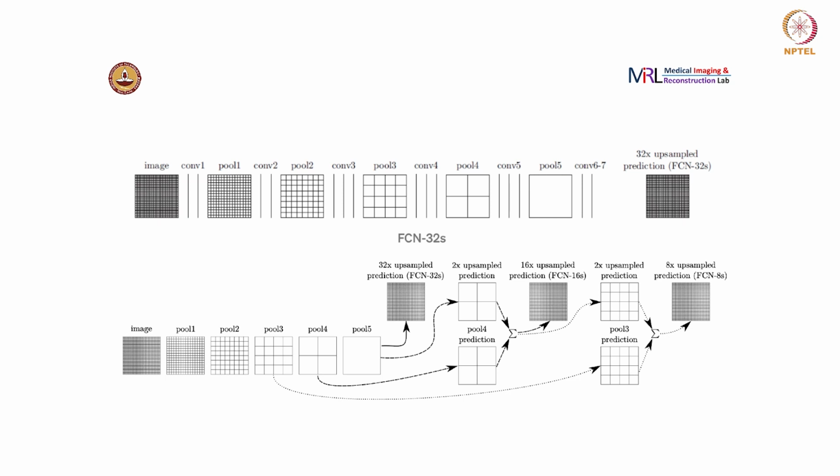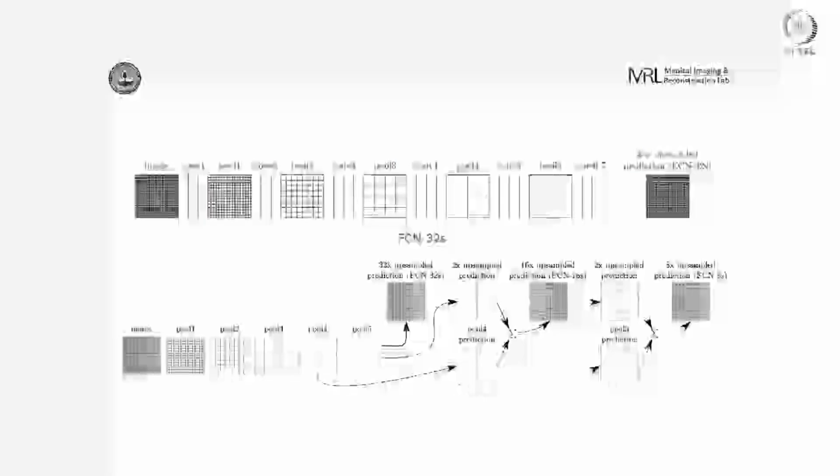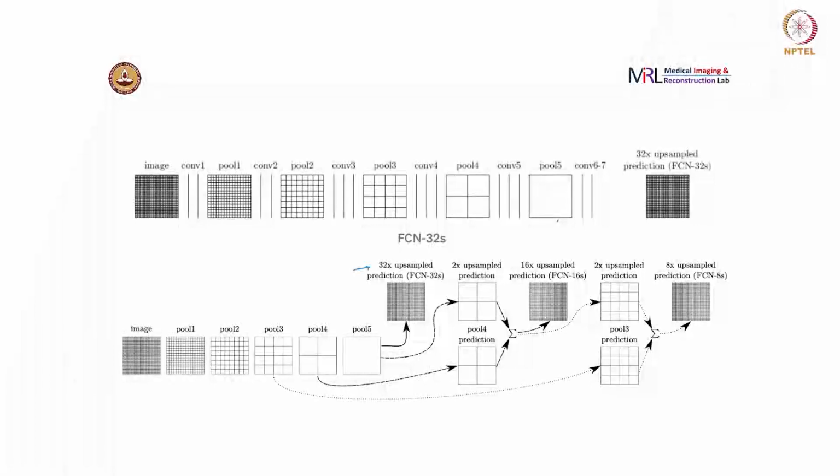One way this problem was solved in that paper is by using the intermediate layers also to provide predictions. For instance, the pooling 5 layer after upsampling can be used to provide a 32x upsampled prediction.